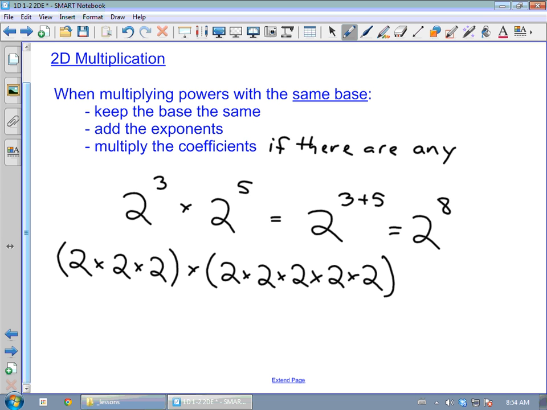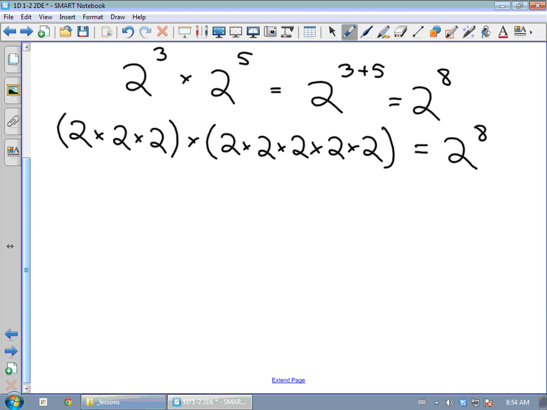In total, how many 2's do we have multiplied together? We've got 8 of them. So this whole thing we could write as 2 to the exponent 8. So when multiplying, keep the base, add the exponents.